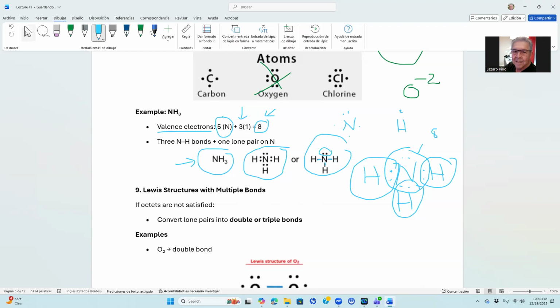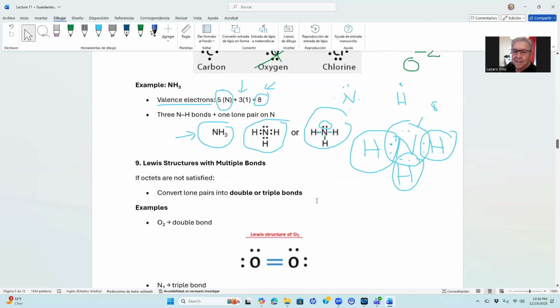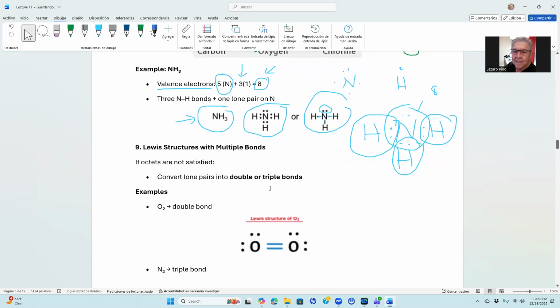Well, we have more complicated things. What happened with oxygen? Well, let me go step by step. Look at this. We have 2 atoms of oxygen, and we make a bond in between. But we know that every atom of oxygen has 6 electrons.